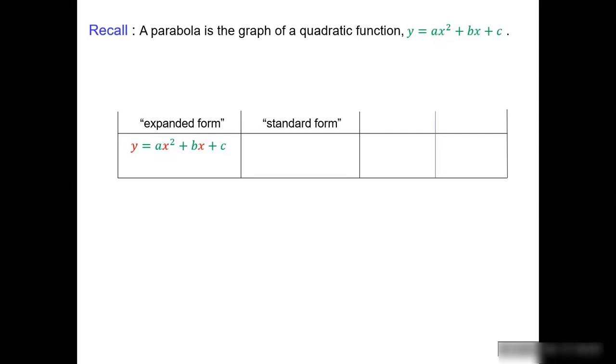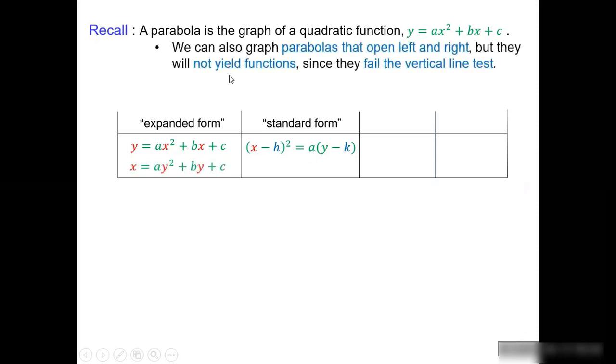But when we look at this from the perspective of a conic section, we're going to want the form to look a little different. So this is referred to as standard form. And standard form will actually have h and k being the vertex of the parabola, while a is going to tell us something about the steepness of the graph.